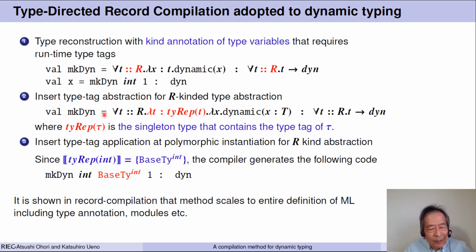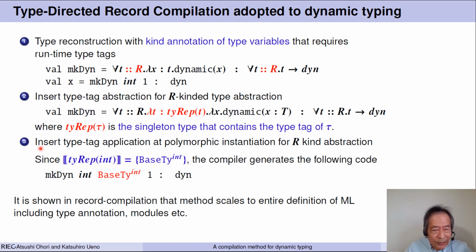If you have an R-kinded abstracted term, then the compiler inserts this special lambda abstraction where I reuse T for the lambda variable with the special type ty_rep of T. Now ty_rep of tau is a singleton type that contains one value, that is the type tag of tau.